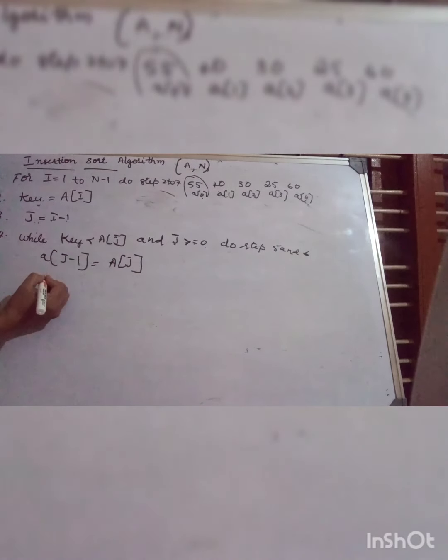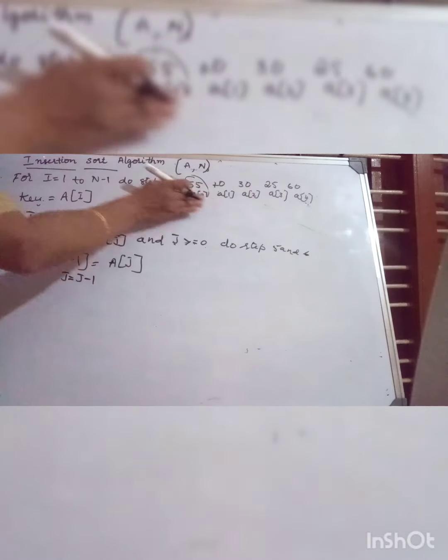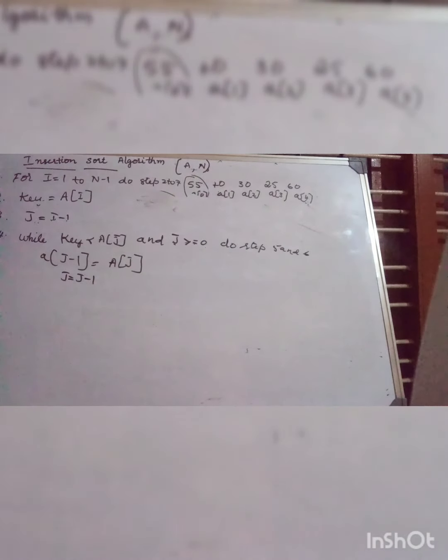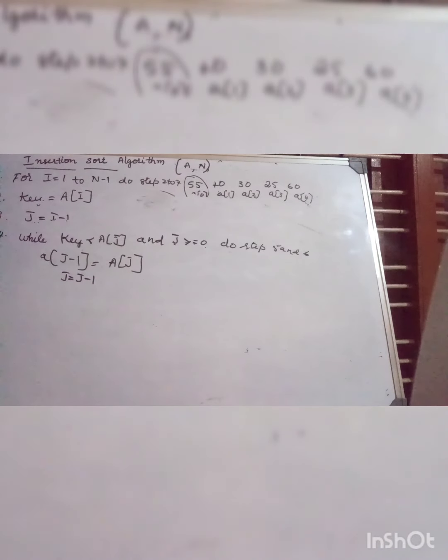This is very important. J is equal to j minus 1. That's how each time my unordered list will become smaller and the ordered list will start increasing. That's how the algorithm works.